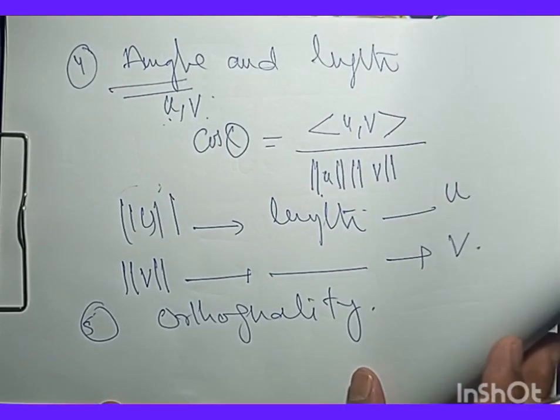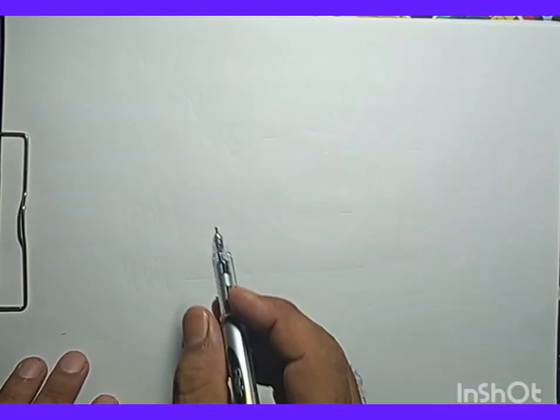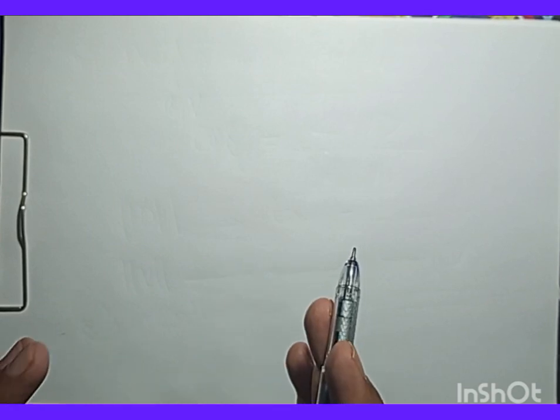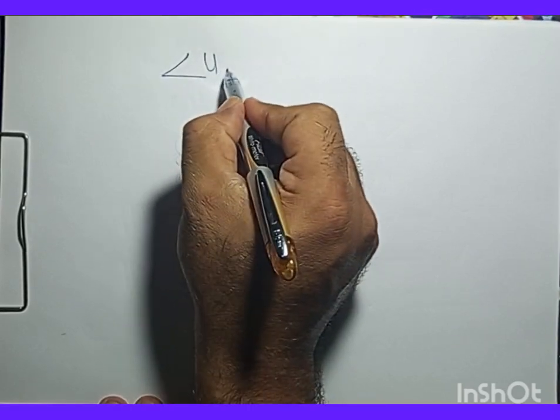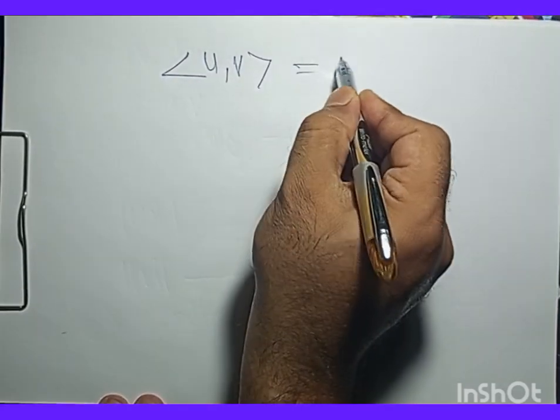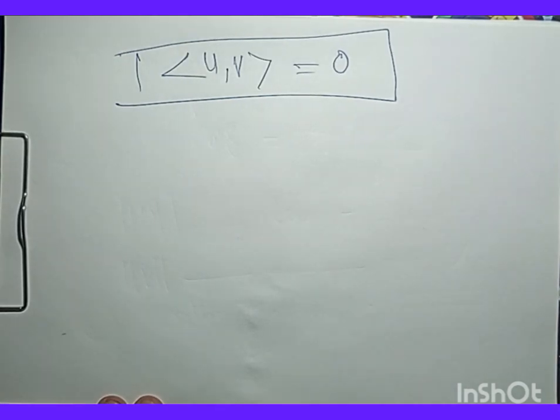Orthogonality. Now, we have chosen two vectors, u and v, and they are said to be orthogonal if their inner product is 0. So if the inner product of u and v is 0, then these two vectors are said to be orthogonal.